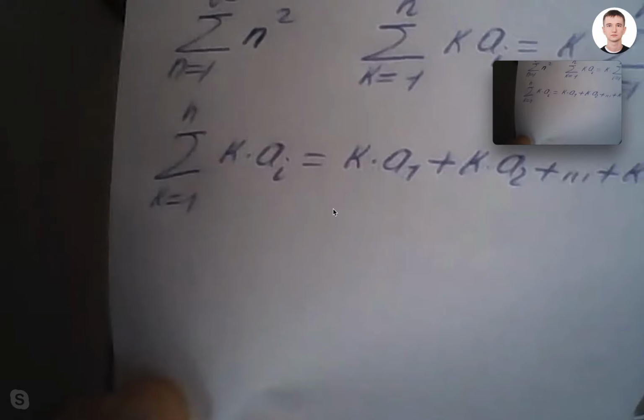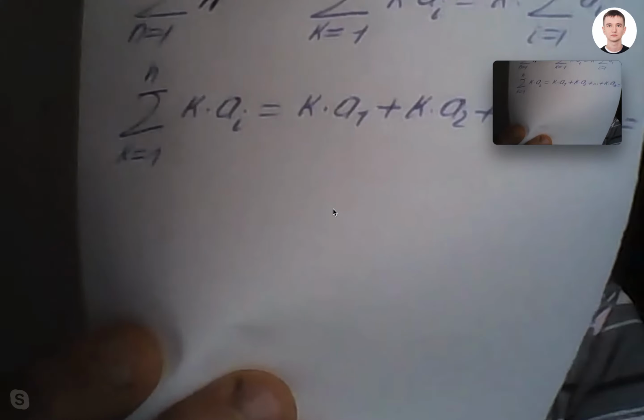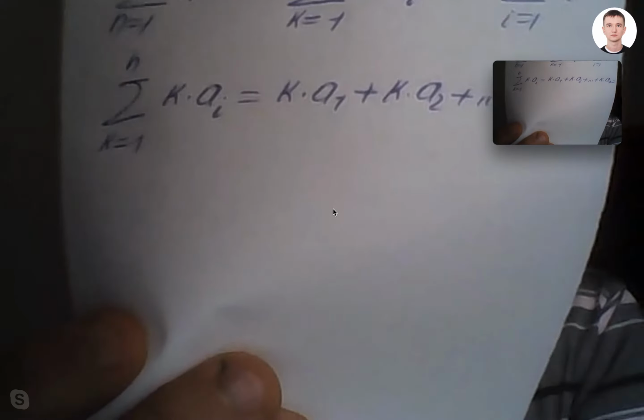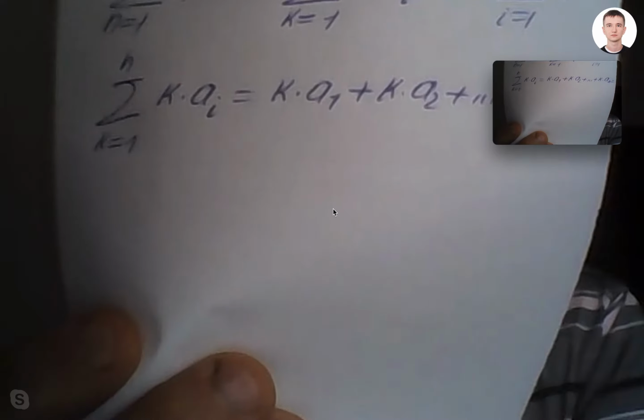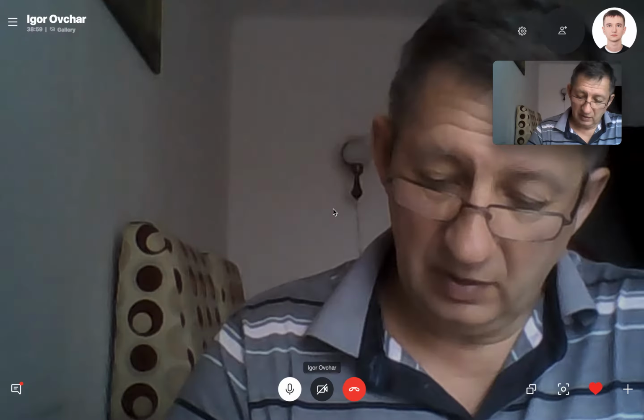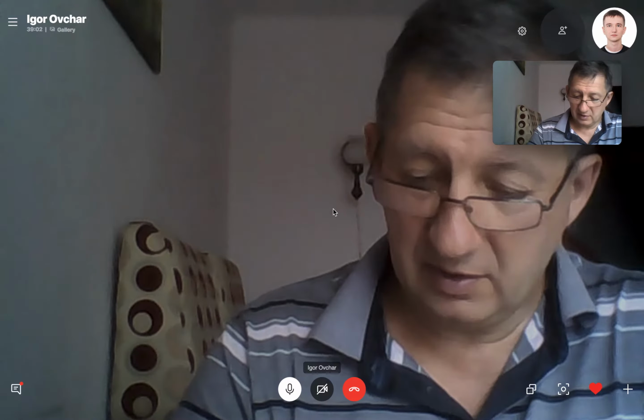We expanded our sum into the sum of n terms, and then we see that k is the common factor, so we can factor it out. In brackets we have a1 plus a2 plus etc. plus an.